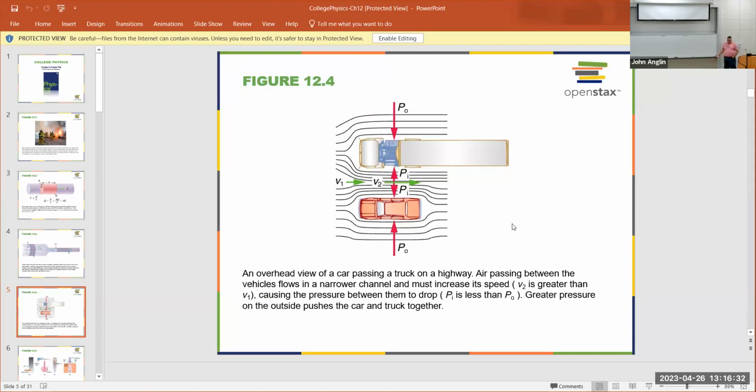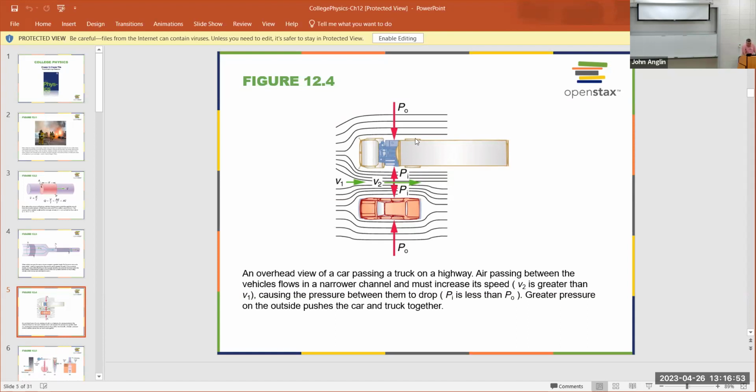So let's say we're driving down the interstate and we pass a big giant 18-wheeler. If you get pretty close to this thing as you pass it, you can hear and feel the change in air pressure. You can feel the change in drag against the car. Here's why.